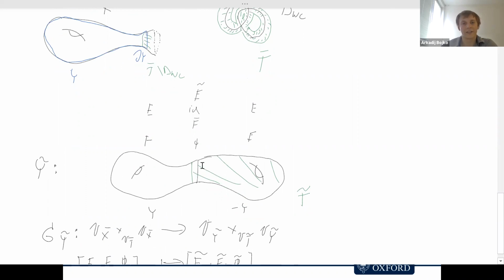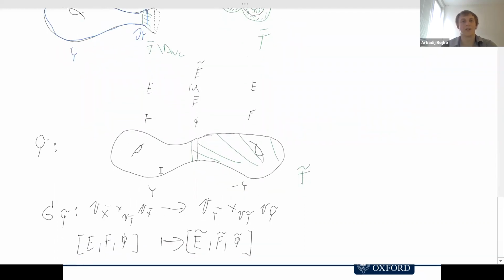Because my original manifold was Calabi-Yau, so in particular naturally spin, I get a natural spin structure on one of the copies, and one can also get a spin structure with opposite orientation on the other copy, and these glue together nicely. So one gets a spin manifold.